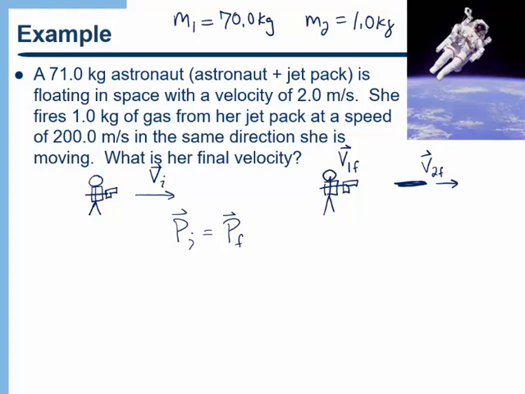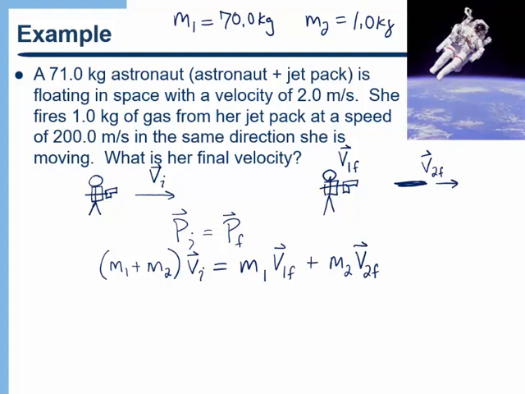Initially, everything was together, so we had a combined mass of m1 plus m2 with an initial velocity of vi. And then after, we have her momentum, m1 v1 final, and the momentum of the gas, m2 v2 final.